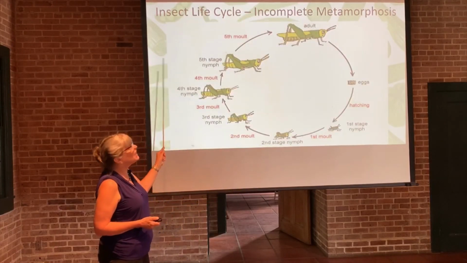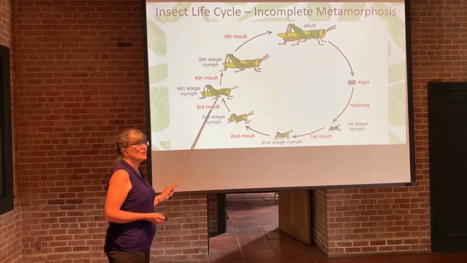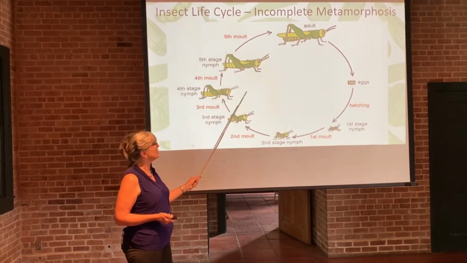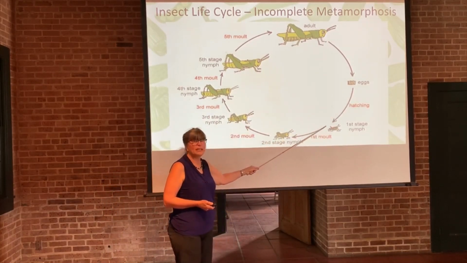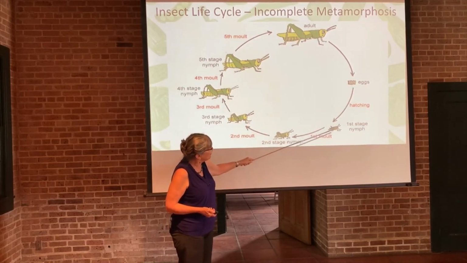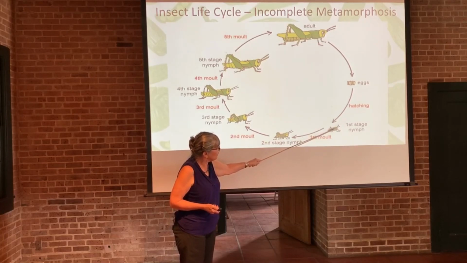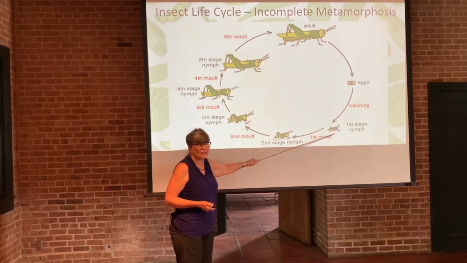There is such a thing as incomplete metamorphosis. And this looks very different because there is no pupal stage. That's the biggest difference. The adult lays an egg. The egg hatches and you have this little miniature insect. It's already got its legs, and it looks a little bit like an adult, but you can't tell really well from this picture, I can tell you that the wings are not well developed. It doesn't look exactly like an adult.